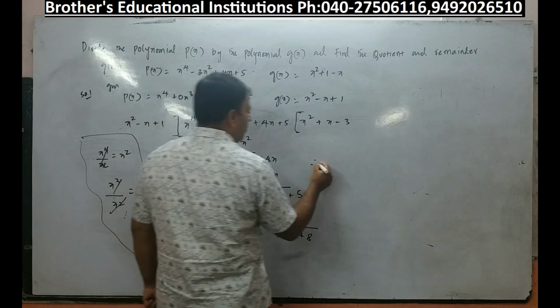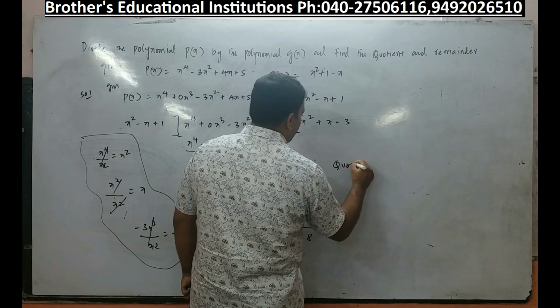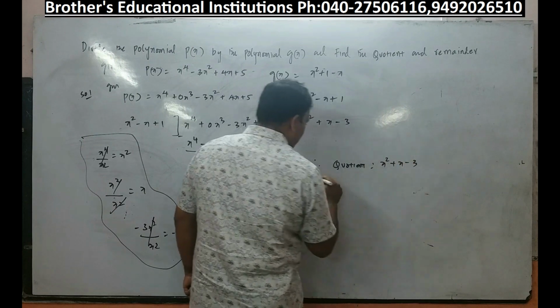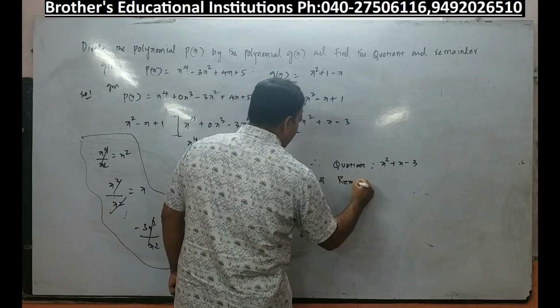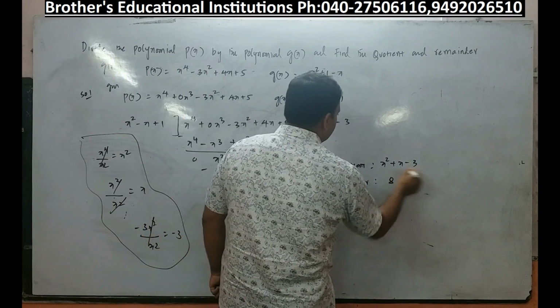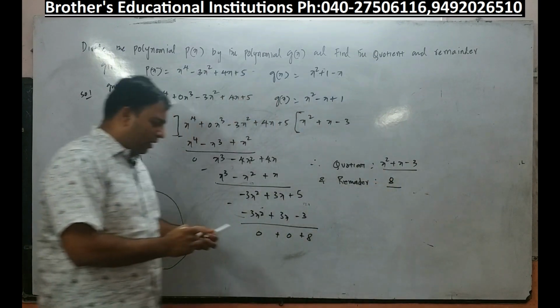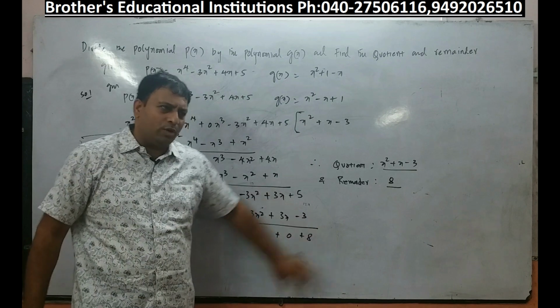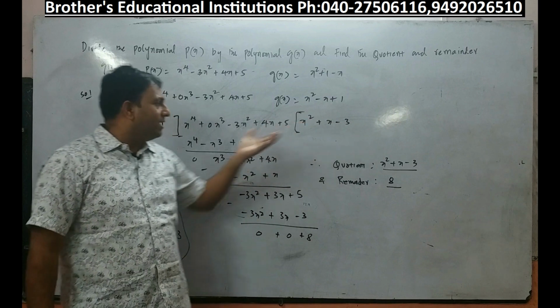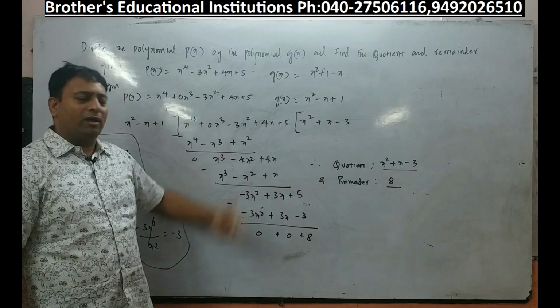So therefore, quotient. What is the quotient? Quotient is x square plus x minus 3. And the remainder, what is remainder? Remainder is 8. Alright. And I already told you, whenever the remainder becomes 0, both divisor and quotient will be the factors of dividend. That you have to always remember.